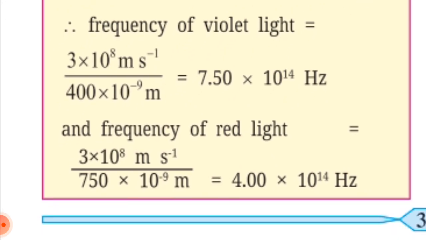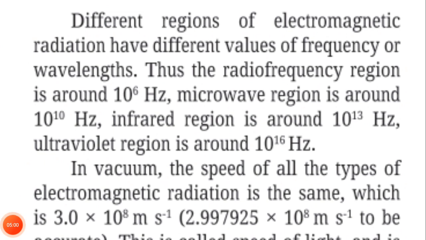Frequency of violet light is 3 multiplied by 10 raised to 8 meter per second upon 400 multiplied by 10 raised to minus 9 meter, which is equal to 7.50 times 10 raised to 14 hertz, and frequency of red light is equal to 3 multiplied by 10 raised to 8 meter per second upon 750 multiplied by 10 raised to minus 9 meter, which is equal to 4 times 10 raised to 14 hertz.